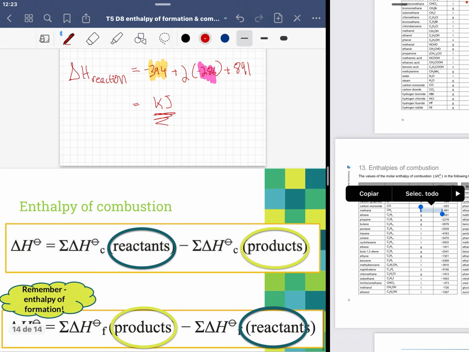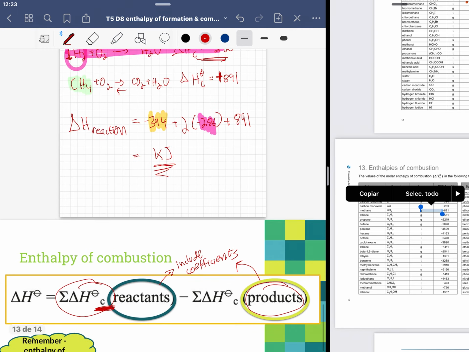We can summarize these by taking the delta H of combustion for the reactants, of course including coefficients, and subtracting the delta H of combustion for the products, of course remembering to include coefficients. That's if we're using combustion data. We just saw that.